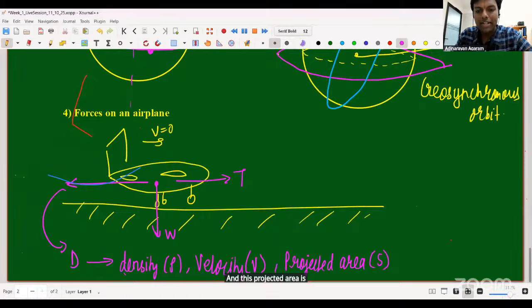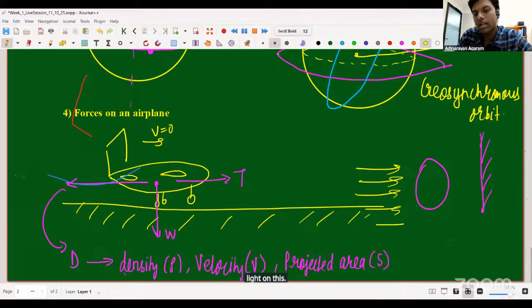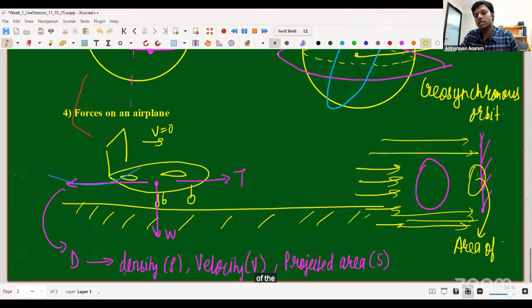And how did we define this projected area? Say you have a ball, and there is a screen behind it, and you shine light on this. There will be some part which creates a shadow behind, and the area of the shape of the shadow is the projected area.